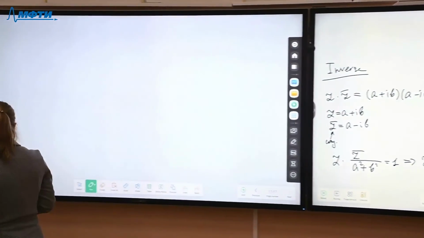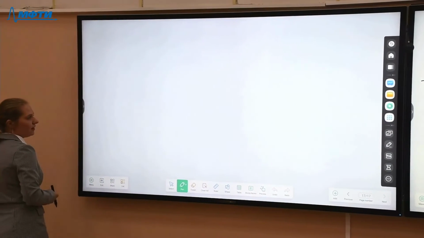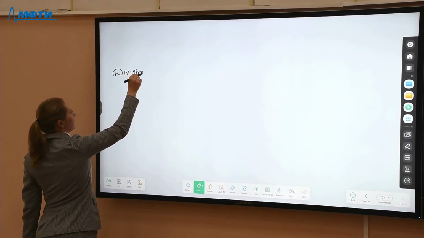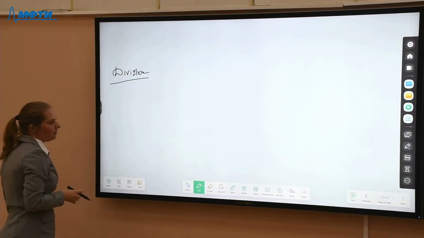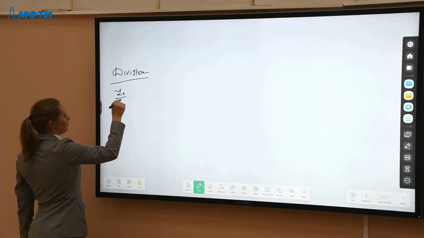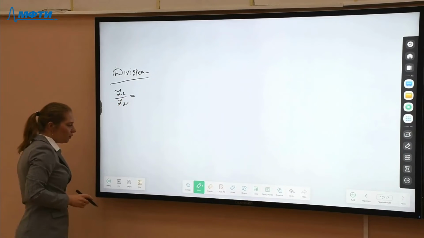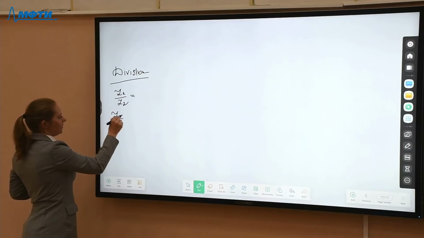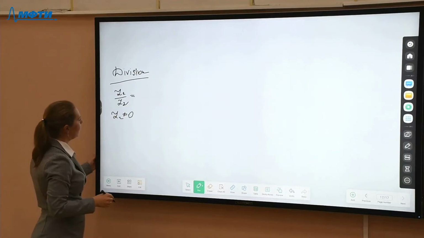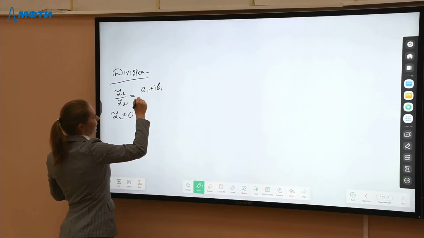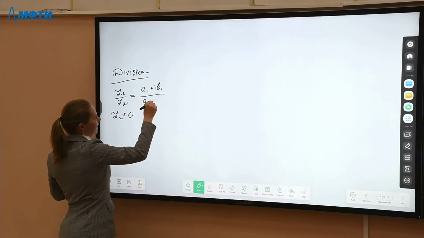And the final operation is division. If we want to divide two complex numbers, we can use the following idea. So first of all, z2 is not 0. So z1 is a1 plus ib1, and z2 is a2 plus ib2.